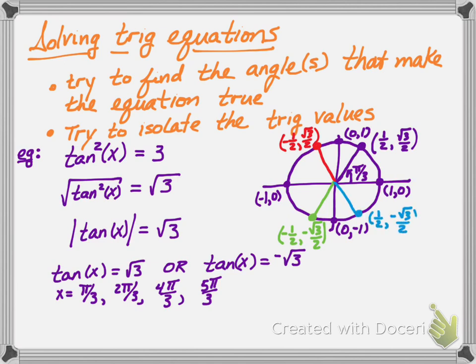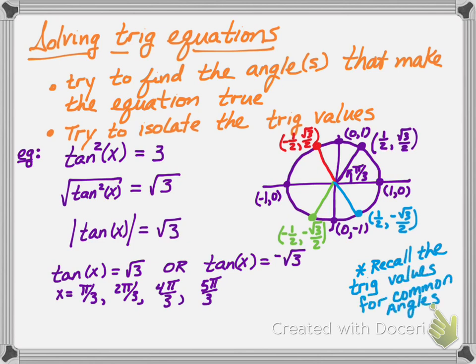And then in the fourth quadrant, we have a positive x value and a negative y value, and so we get tangent is negative square root of 3 there. So again, recall the trig values for the common angles. And on our next slide, I'm going to write those down.